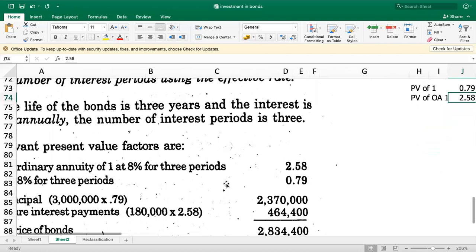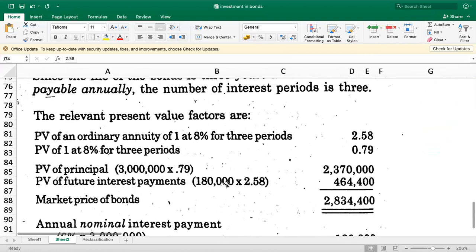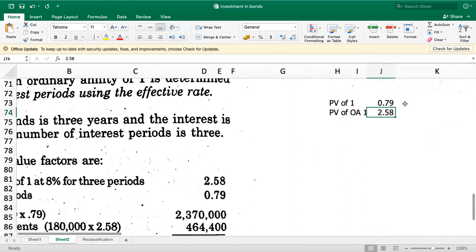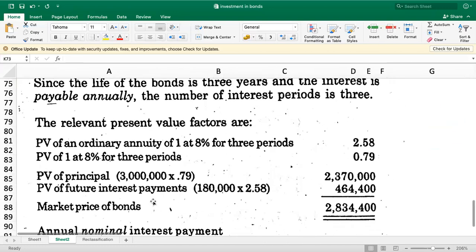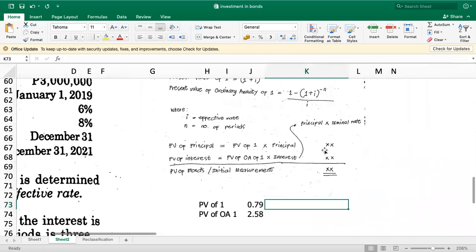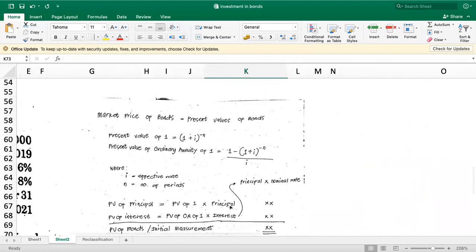Okay, so to compute the present value of the bonds or the market price of the bonds, di ba? Ito yung gagawin natin. Yung PV of 1 natin, multiply natin sa principal. Ito yung ginawa ng problem. Principal, 3 million. Then yung PV of ordinary annuity of 1 natin is multiplied doon sa interest natin. Di ba? How to compute the interest? Based on the formula here, the interest is principal times the nominal rate.